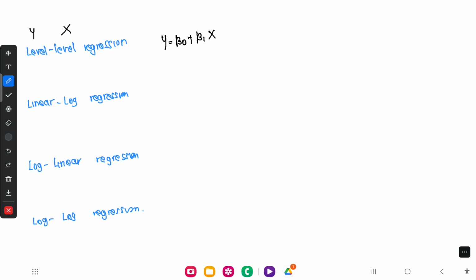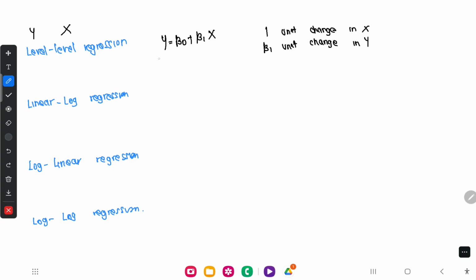So how do we interpret the beta 1 over here? When x increases by 1 unit, what will happen to y? It will increase by beta 1 units. So I can write this down as: 1 unit change in x will lead to beta 1 unit change in y.